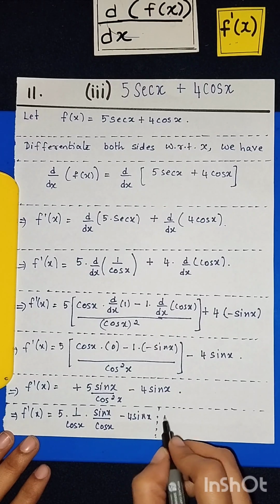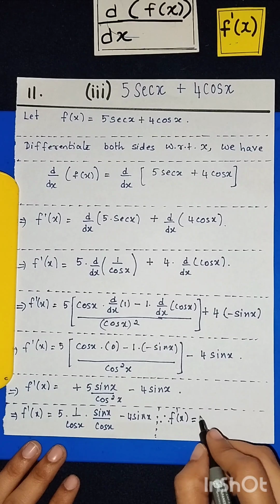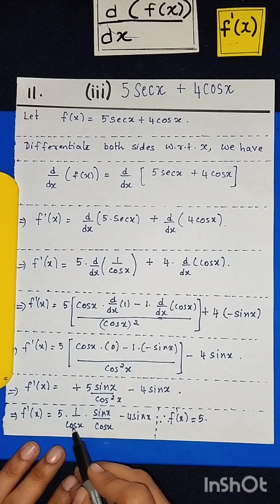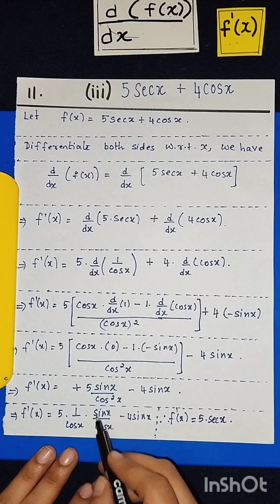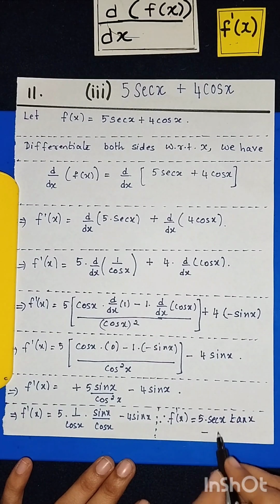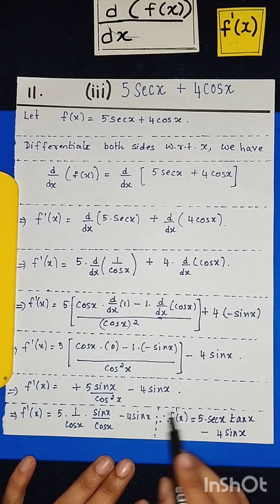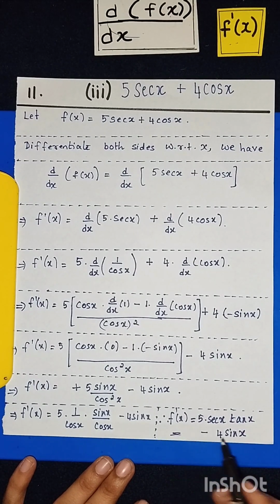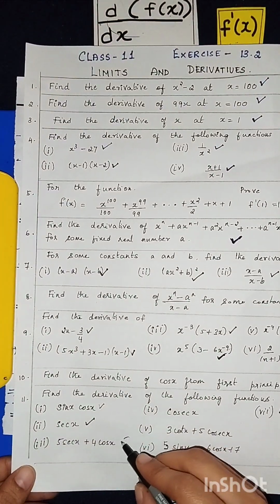So therefore f dash of x is equal to 5 into 1 by cos x, which is secant x, sin x by cos x, which is tan x, and minus 4 sin x. So this is the required derivative of the function 5 secant x plus 4 cos x. So we completed the third one.